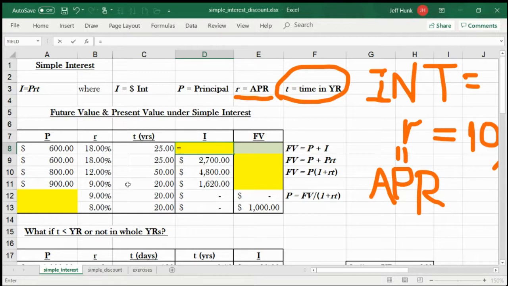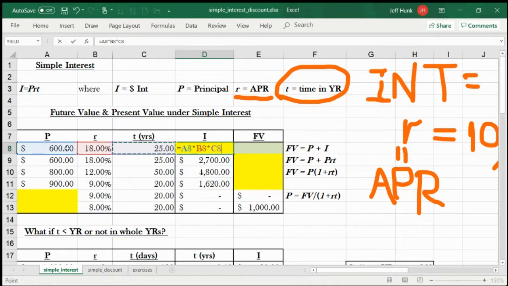Okay, so now the interest is literally P times R times T. Because P is in A8, right? Interest rate is in B8.